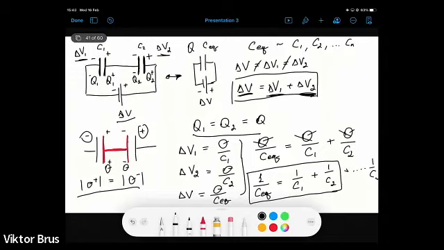So I believe that we will not manage that topic today, so we probably will leave it for tomorrow, for the next discussion, which will be on Friday. I think that the main message to take home is to clearly understand why and how we calculate equivalent capacitance for series and parallel connection of capacitors.